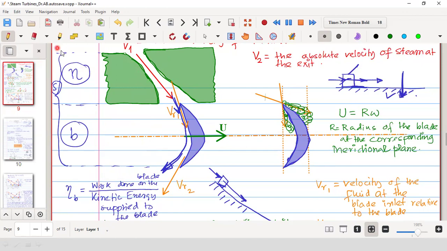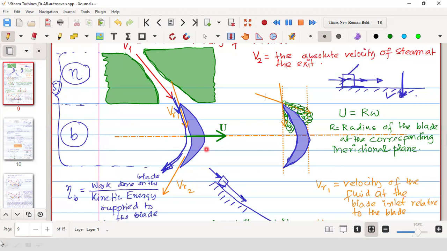Now what is nozzle efficiency? Sorry, the stage efficiency. Stage efficiency, again, we will consider the whole stage, that means nozzle and blade together. In this whole stage, if we try to calculate the efficiency, the blade is where we are getting the energy at the shaft.